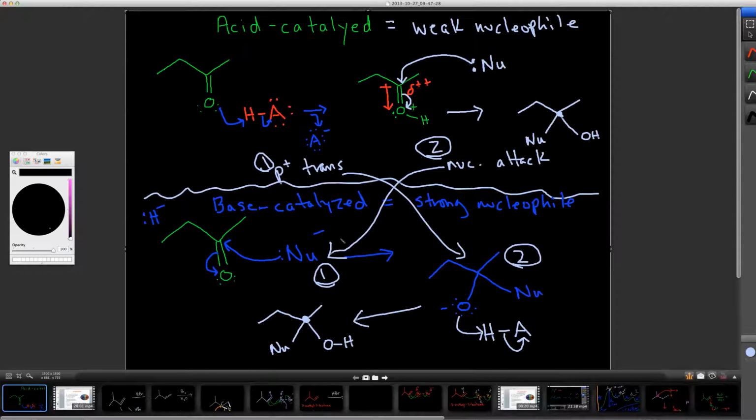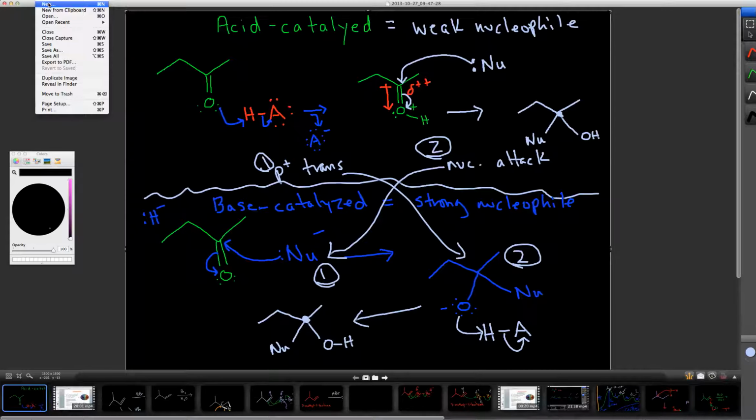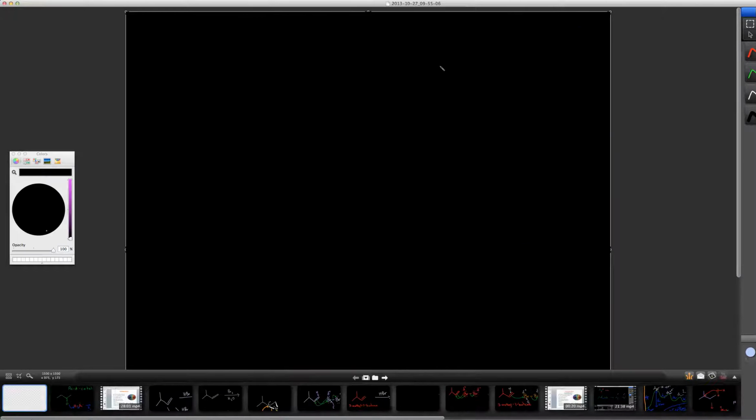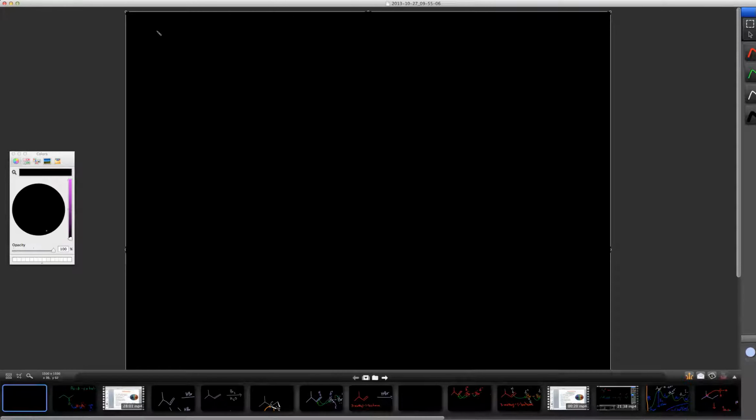So what I'd like to do at this point is look at some real examples. I think there are about 3 or 4 different mechanisms I'd like to go through and ask you to master at this point. And the first of these is going to be the formation of a hydrate.